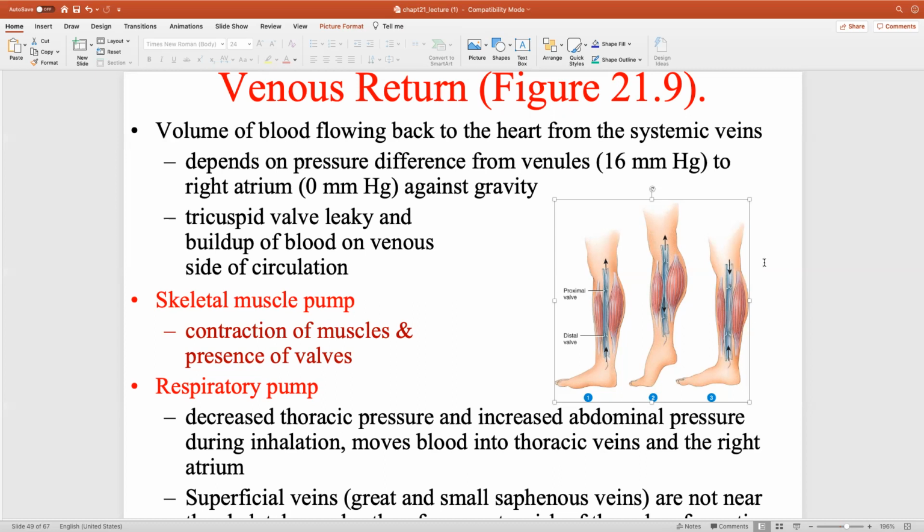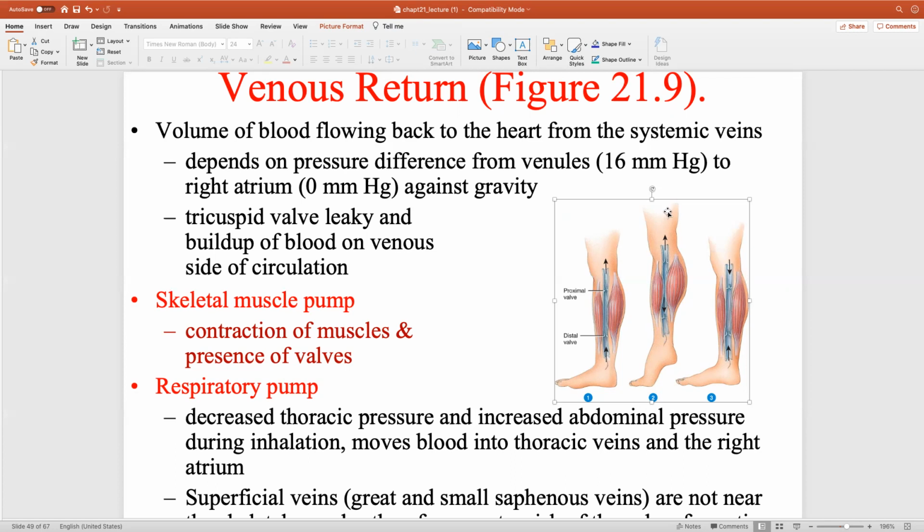The more often the rhythmic contraction occurs, the more we go from one segment to the next, to the next, eventually moving blood from your lower leg to your upper thigh, from your upper thigh to your inferior vena cava in your abdomen.